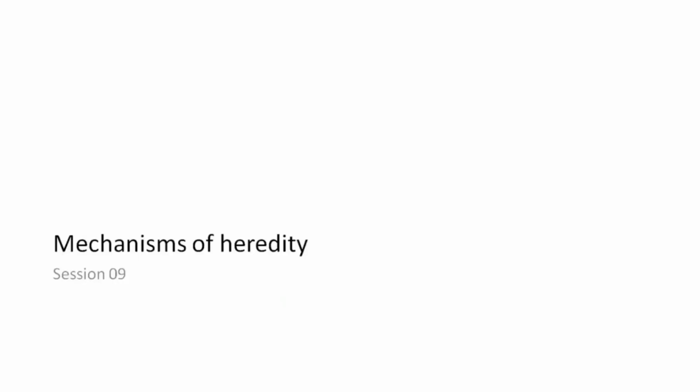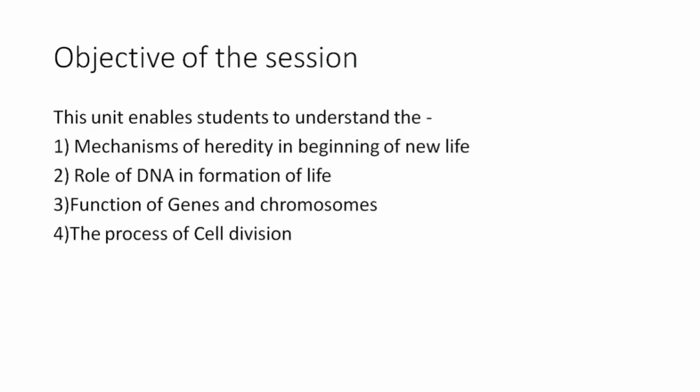Mechanisms of heredity. The objectives of the session are: this unit enables the students to understand the mechanisms of heredity in the beginning of new life, the role of DNA in the formation of new life, the functions of genes and chromosomes, and the process of cell division.